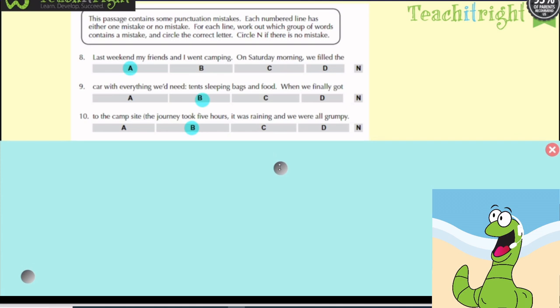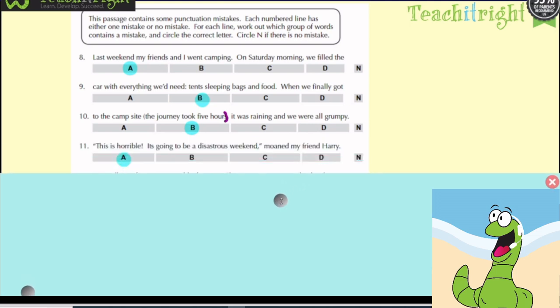When we finally got to the campsite, the journey took 5 hours. It was raining and we were all grumpy. So we started this with a bracket, which means we need to close brackets afterwards, not put a comma there.